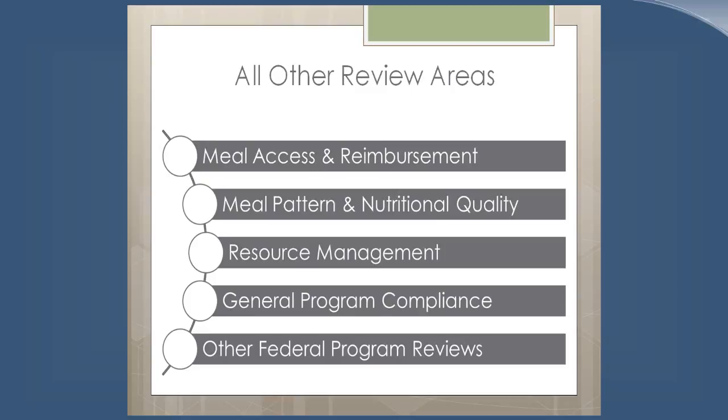Again, for all other review area errors, the SA should ensure corrective action is implemented as applicable for the type of error identified. This information can be found in the current Administrative Review Manual.